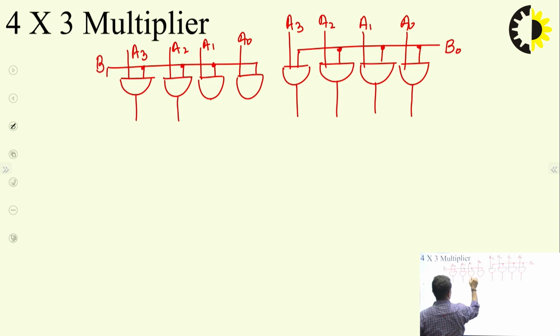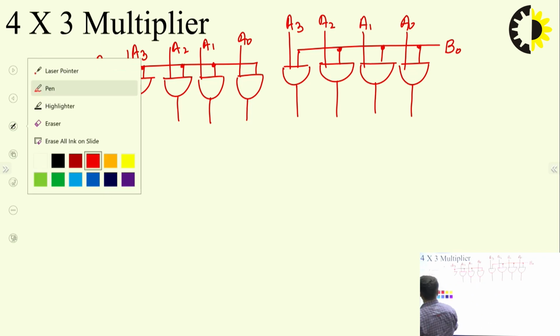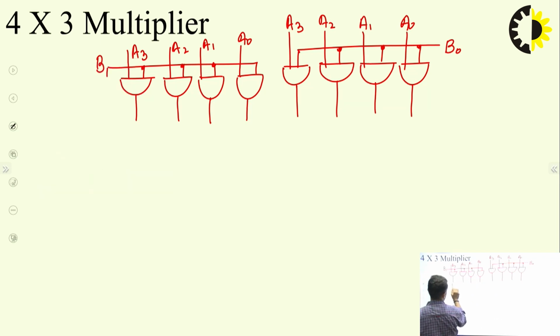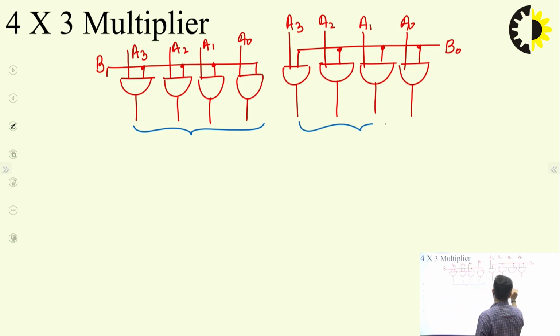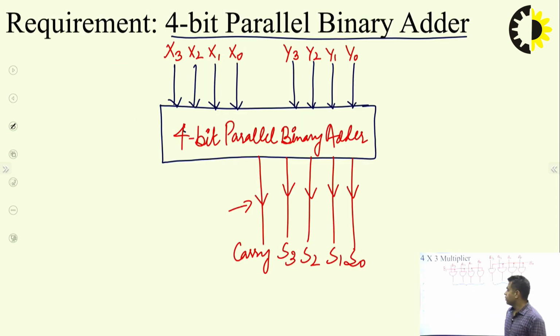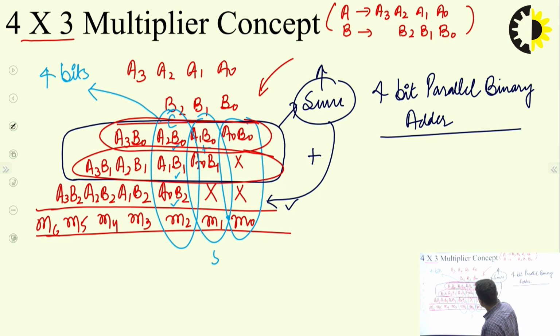Again there will be 4 products. Now there is a 4-bit number from this side, and there is a 4-bit number on this side. Now these two are to be added using a 4-bit parallel binary adder, but before going to that, we have to check that this A0 B0 is not going to participate in addition, because there is no need to add anything to this A0 B0.